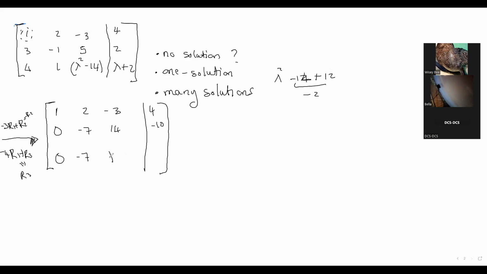So this would be minus 2. And then minus 4 times 4, that's minus 16. Minus 16 plus, that should give us lambda minus 14. That's correct, right, guys? I think that is.